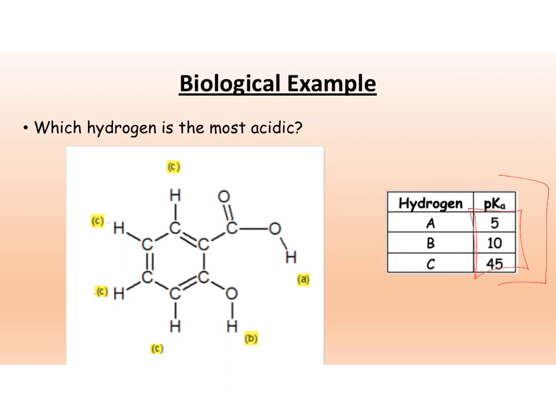Looking at the pKa values, hopefully you remembered that the lower or more negative the pKa is, the higher the Ka is. Because A has this very low pKa, it has a high Ka, and high Kas are going to be your strong acids.